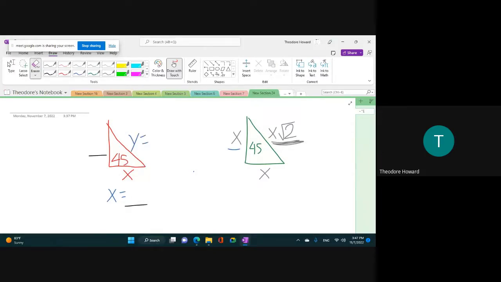So let's do this one. Now, I'm throwing this your way. So let's try to figure this out. Anyone want to take a stab at what x is going to be? 6.